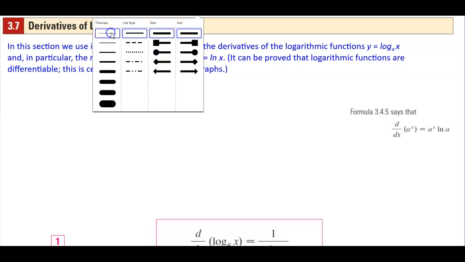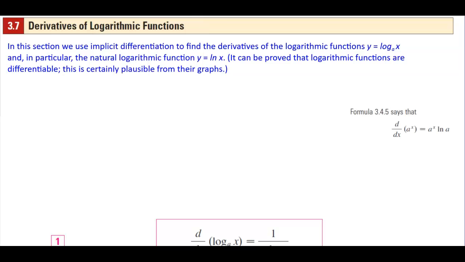So let's take a look at the function where y is equal to the log of base a of x. What we want to do is rewrite this in exponential form.